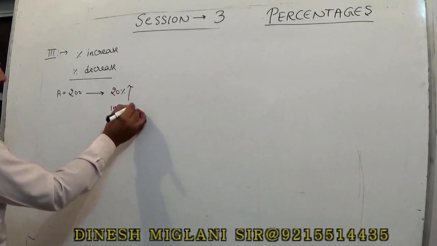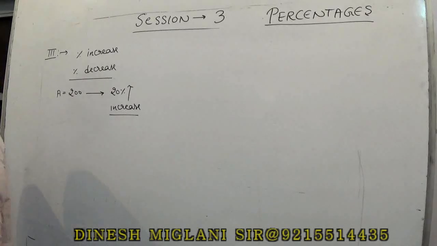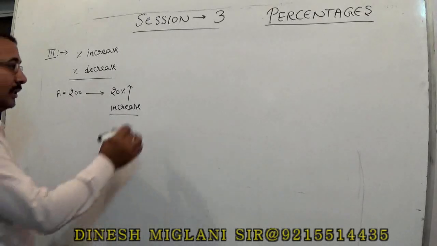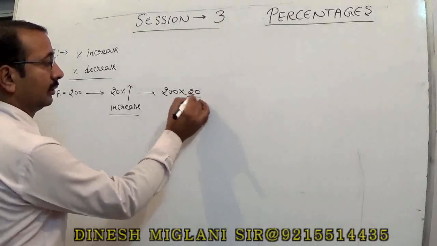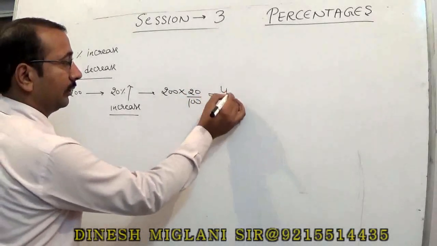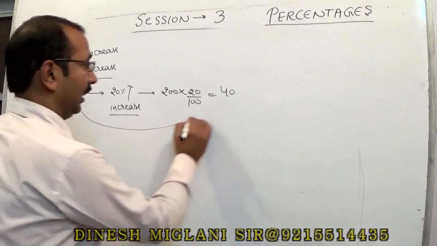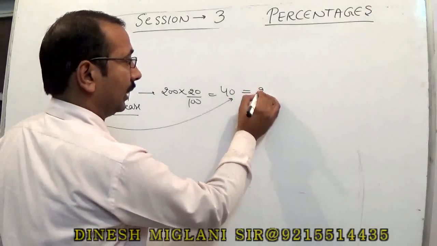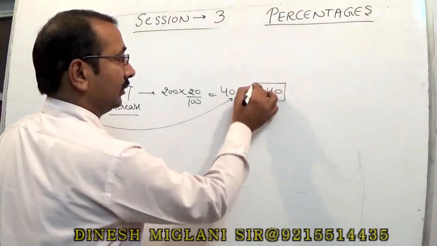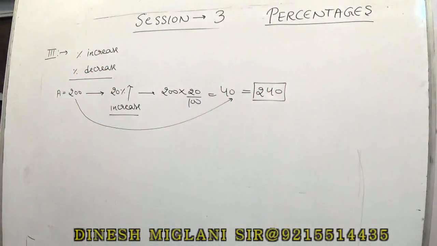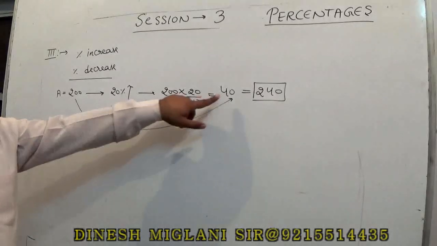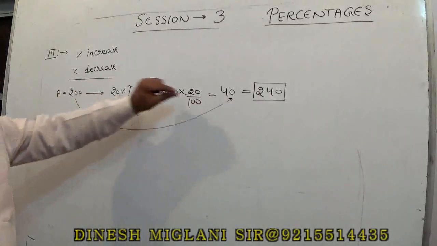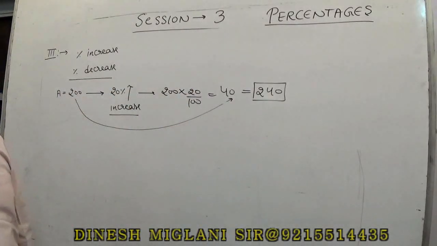So how can you answer it? You will simply find 20% of 200. This will give you 40, and then add 40 plus 200. Answer is equal to 240. Means if you have to make an increase of 20% in 200, first you find 20% of 200, that will be 40, then add 200 plus 40, answer is 240.